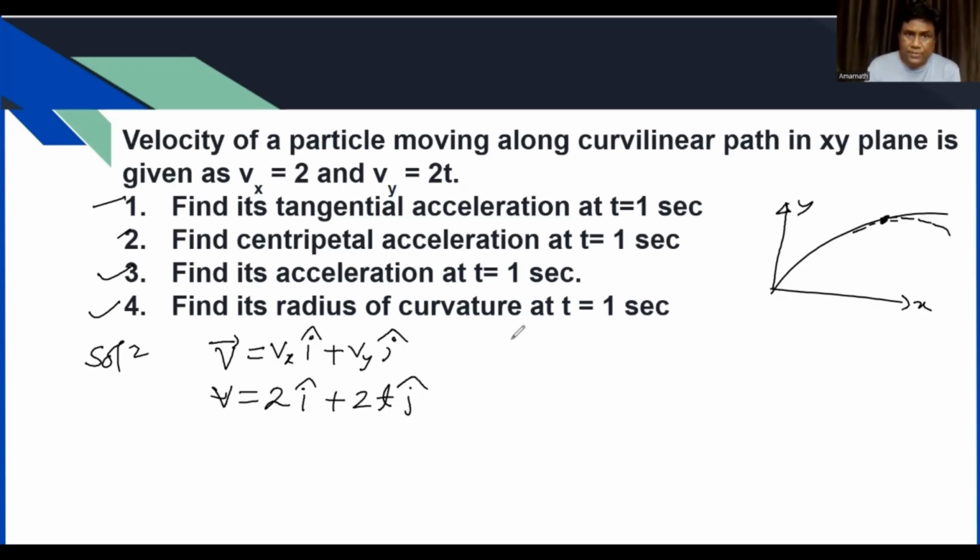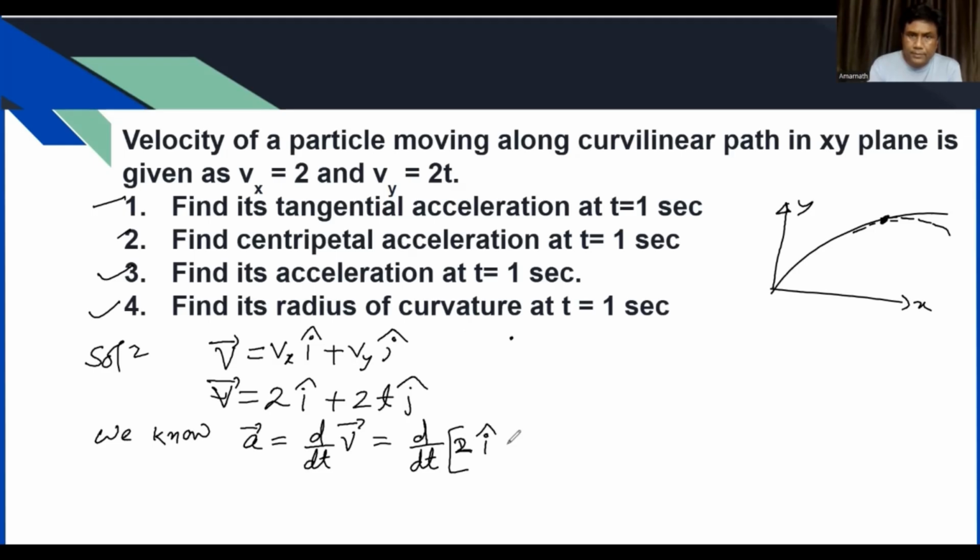Solution. First, we know acceleration is equal to the differentiation of the velocity vector. So it means differentiation of 2 i cap plus 2t j cap.